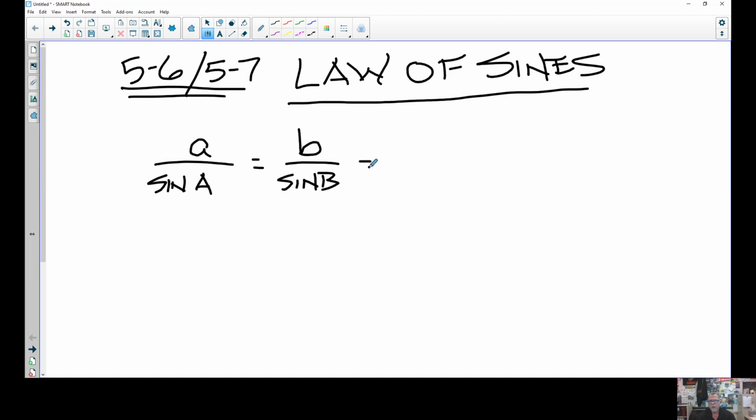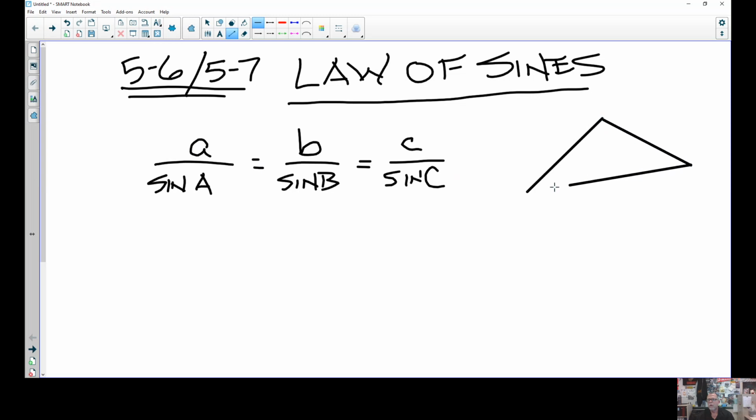So if we have a single pair, and when I say a pair, I'm talking about an angle and its side opposite. Whoops, I'm talking and writing wrong. All right, anyways, sine C. Let's just draw a basic triangle where we could label angles A, B, C, and that would make this side a, this side b, this side c.